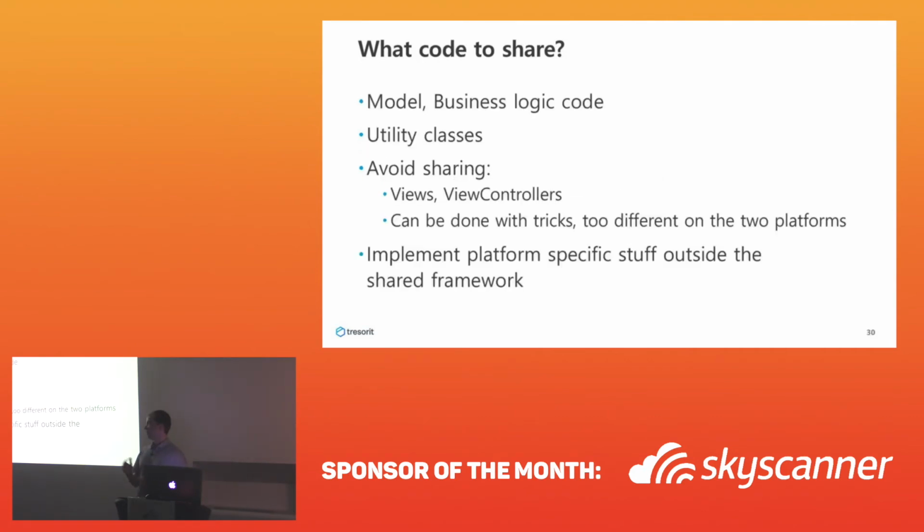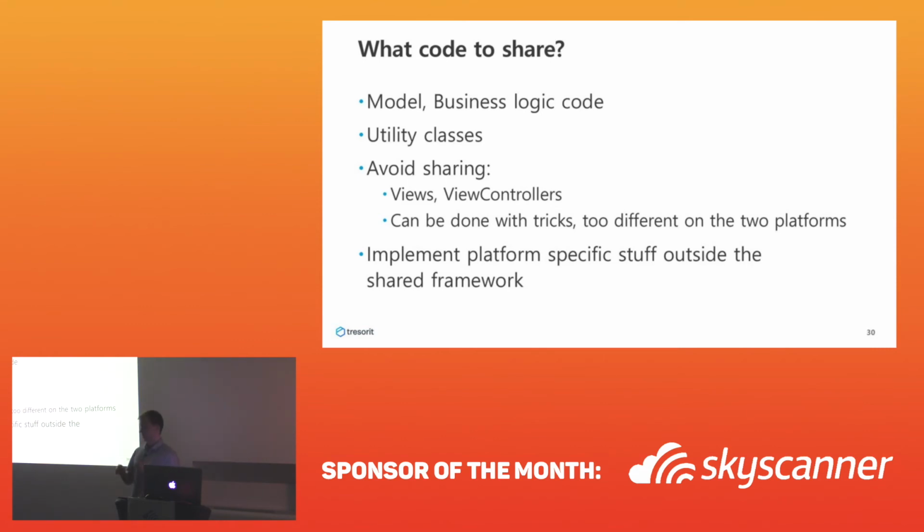So what code should you share? You can easily share model and business logic, code like utility classes. This is quite easy, usually platform independent. When you try to share views or view controllers, that's more difficult. They are very similar in both platforms, but also very different.